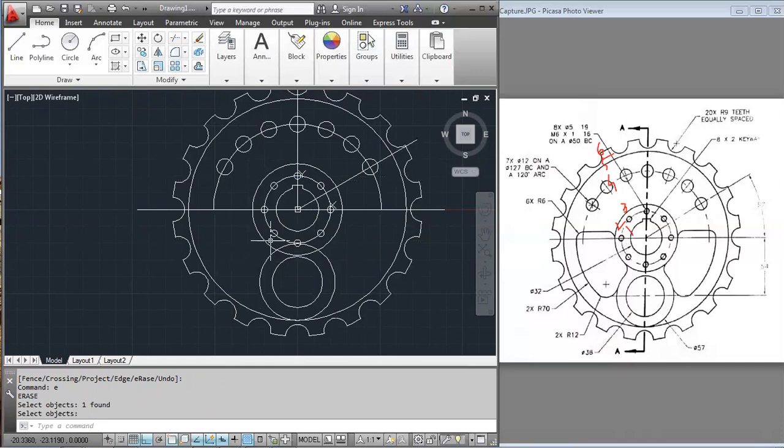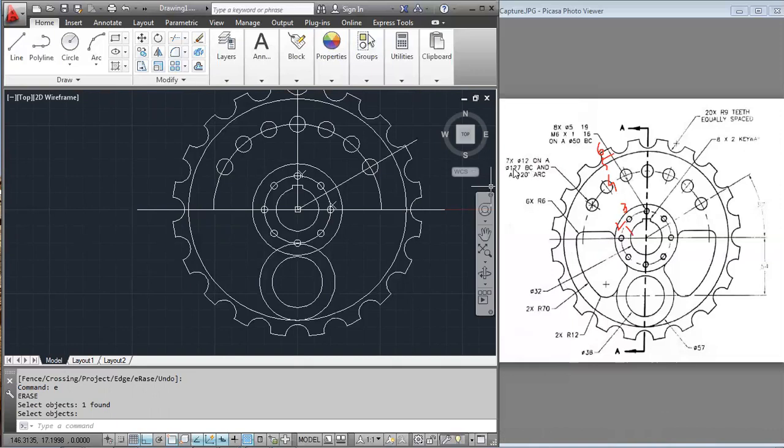But before I do fillet, I need to draw this arc, right? So does this have any dimension? If it does not, I will have to assume it, right? It does not have any dimensions. So I'm assuming it to be this much, that is 127 plus 12, right?